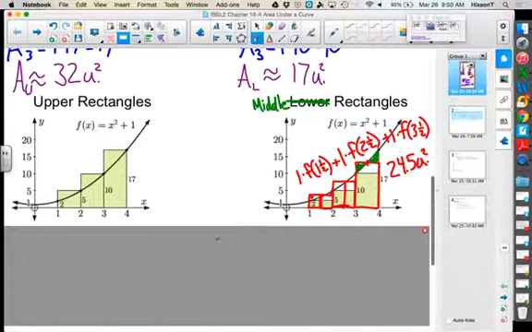But how could I make it more accurate, do you think? Using upper rectangles, let's say. How could I make the upper rectangles estimate a little more accurate?